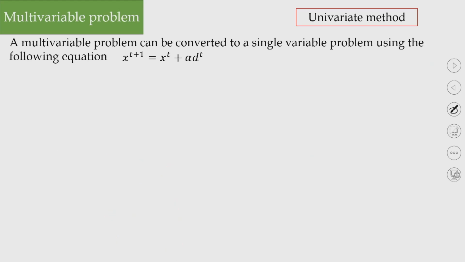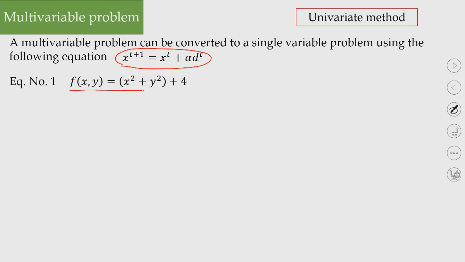As I said, I can write x(t+1) = x(t) + alpha d(t). In this case the objective function is f(x, y) = x² + y² + 4. I have taken x naught equal to (1, 1). That means I would like to start my search from (1, 1).